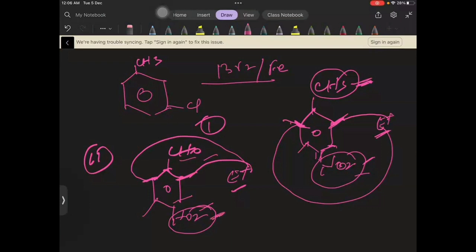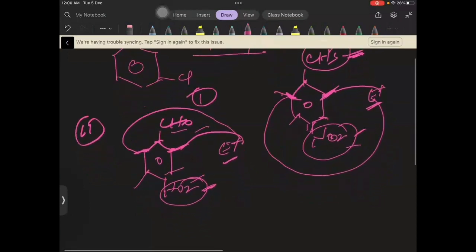The rule says that if both deactivator groups are present in the benzene ring, then the attachment of the electrophile depends on which is the stronger deactivator group. So NO2 is the stronger deactivator group, so the electrophile will attach on the behalf of this NO2, on these positions, correct?